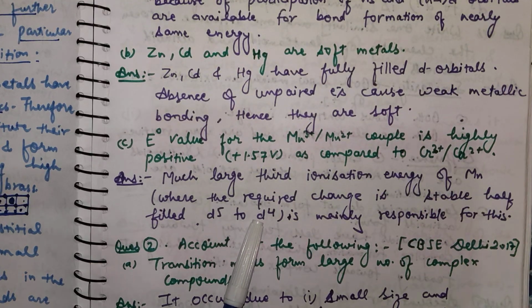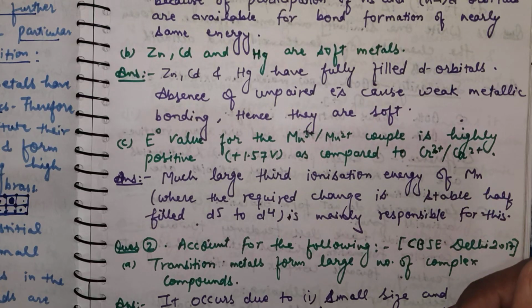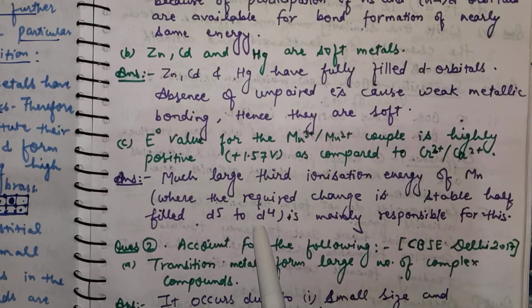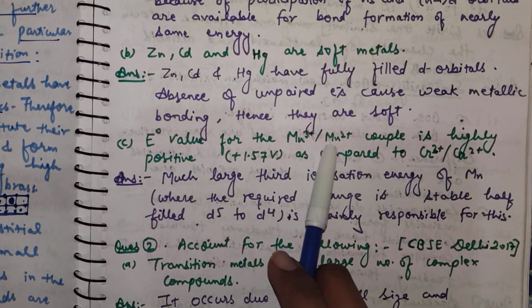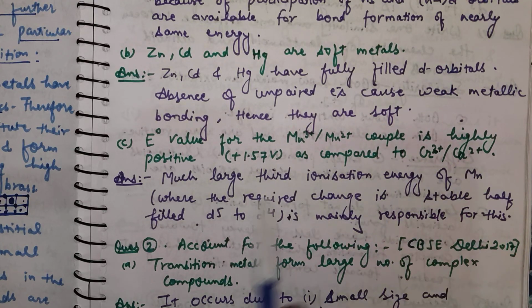Why does it happen? Because manganese has the stable half filled 3d5 electron configuration, so it is hard to take an electron out of it. Converting from d5 to d4 is very hard because half filled is very stable. So this is the main reason the E naught value of the couple is higher for manganese ions as compared to chromium ions.